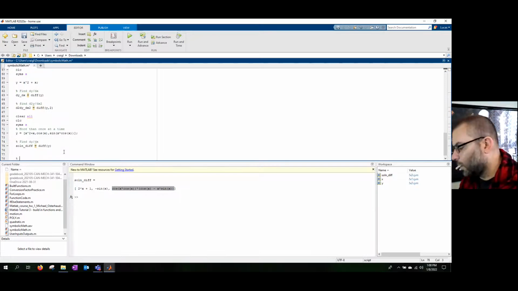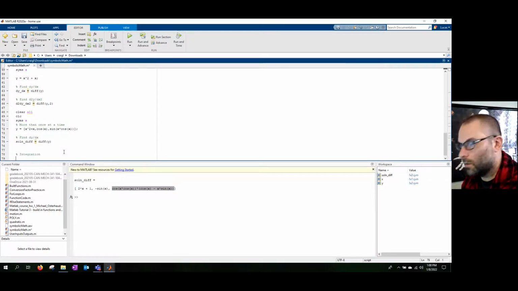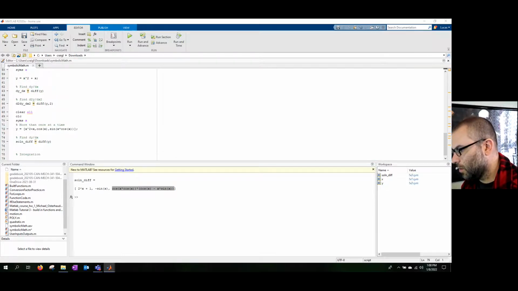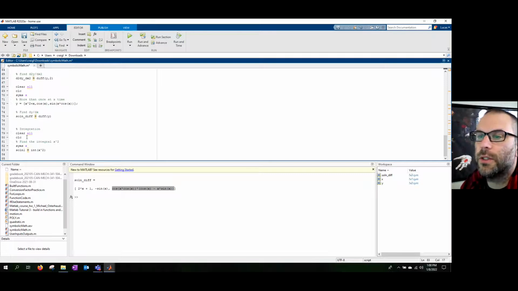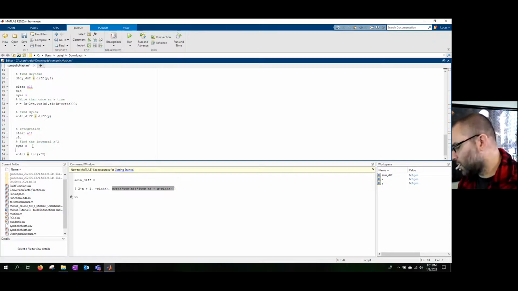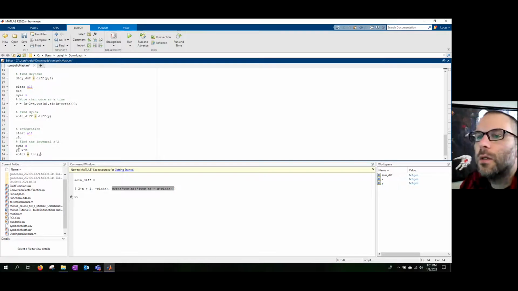All right, cool. Let's talk about integration. Here we have integration. Again, I just cleared everything. We want to find the integral of x squared. So again, syms x, make an equation, and let's just call it y. So our equation is x squared.